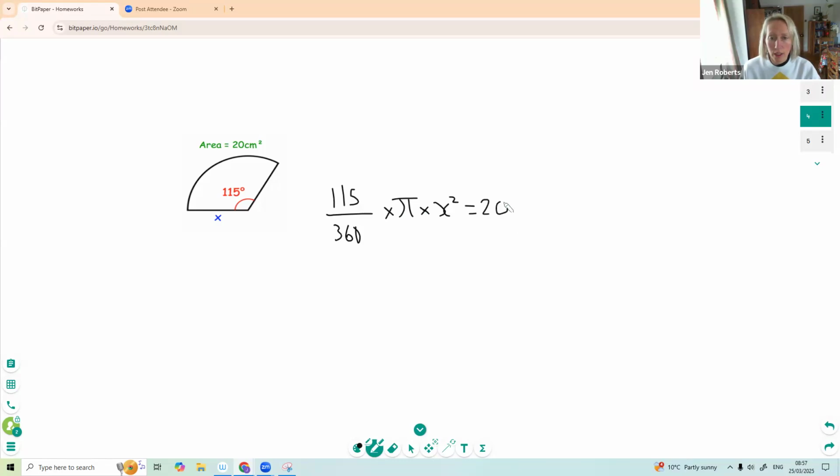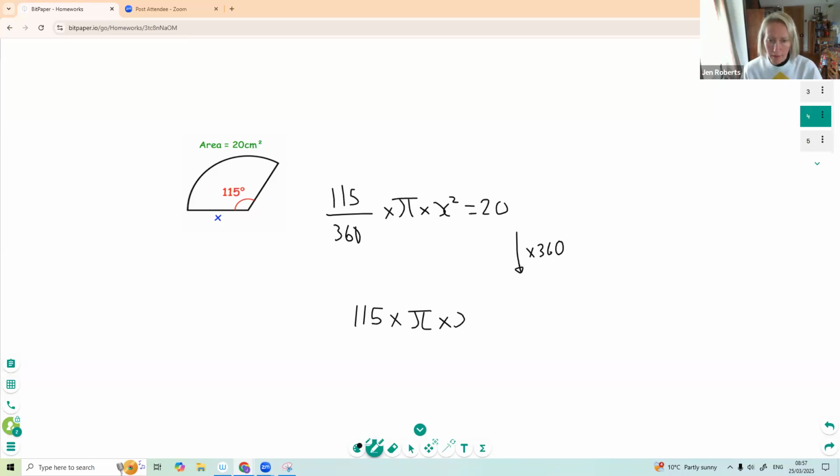How do we rearrange this? We need to make x the subject. Well, x squared the subject first. How do we reverse everything? There's a few different ways you can do this, but I'd start by getting rid of this fraction. Opposite of dividing by 360 is timesing both sides by 360. So we have 115 times pi, or 115 pi times x squared.